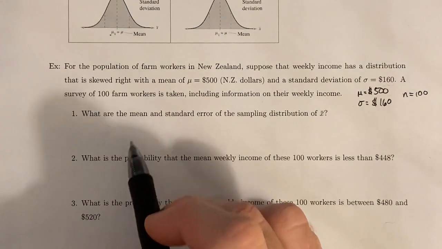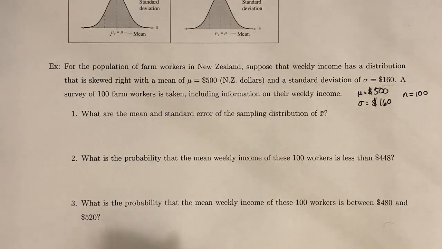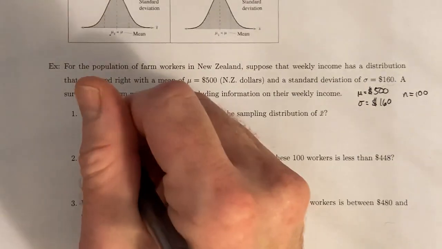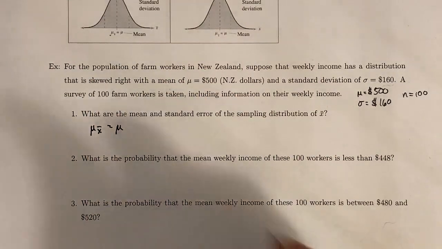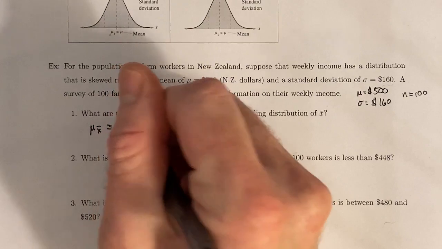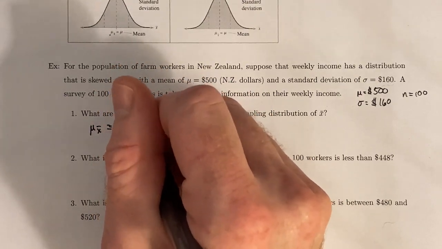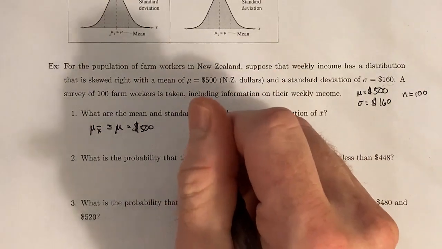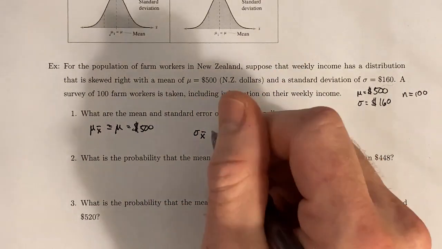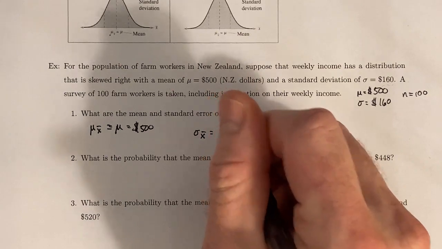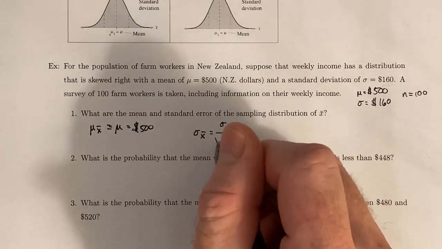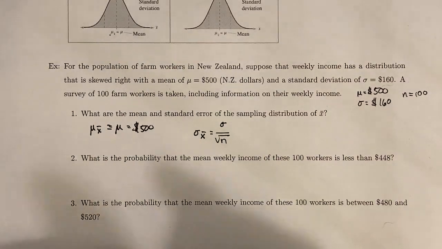To begin with, we want to find the mean and standard error of the sampling distribution of x bar. The mean of the sampling distribution, mu sub x bar, is always going to equal just regular mu. So that gives us 500. Now the standard error is the population standard deviation divided by the square root of the sample size n.